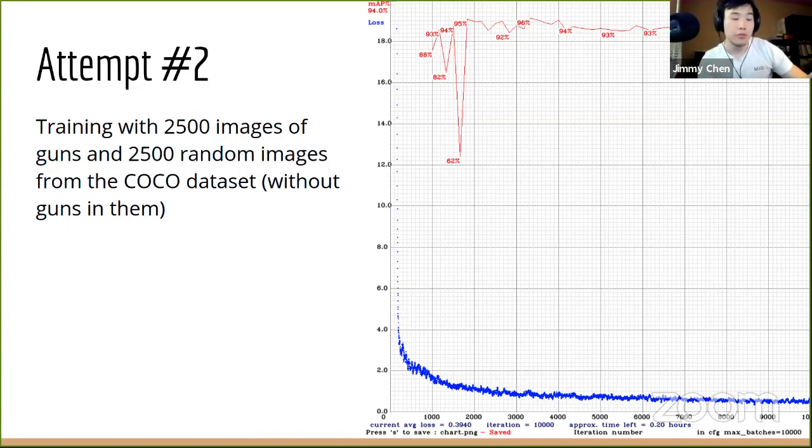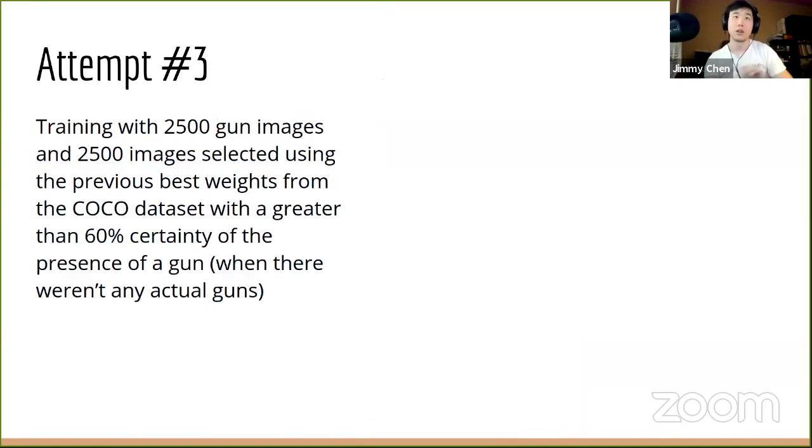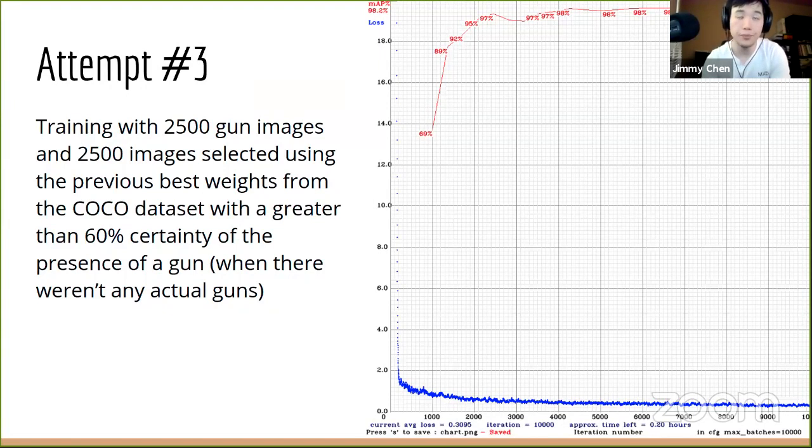In real world performance, we saw that it definitely increased accuracy, with the number of false positives much lower, but we still got an unacceptable number of false positives. So in our third attempt, we used the weights generated from our second attempt to mine the COCO data set for images that our previous model thought were guns with 60% certainty or higher.